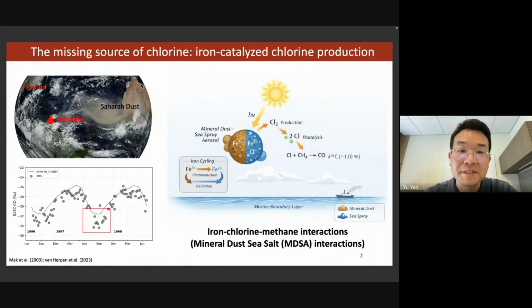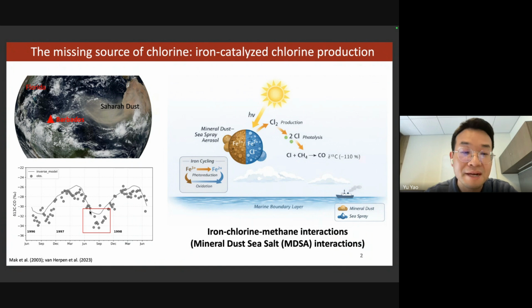The motivation of this work was based on very interesting observations at Barbados. Barbados is an island in the downwind region of Sahara dust, and people found, in the fall season in 1987, here are the isotopic signatures of carbon monoxide.